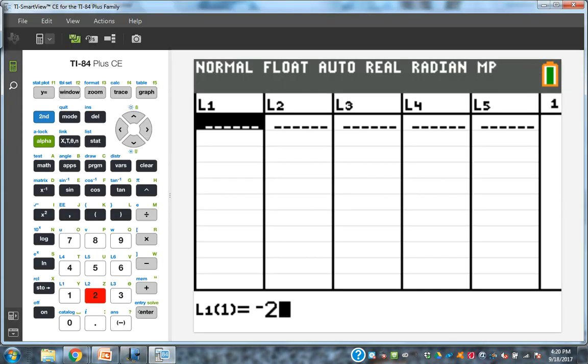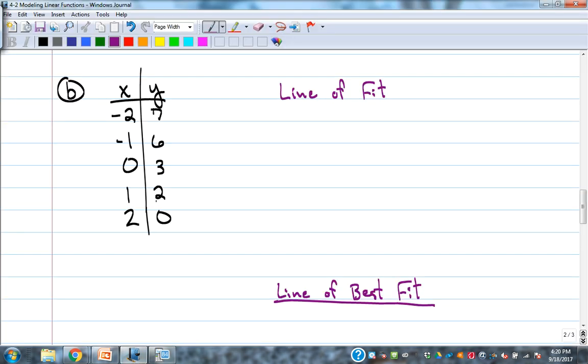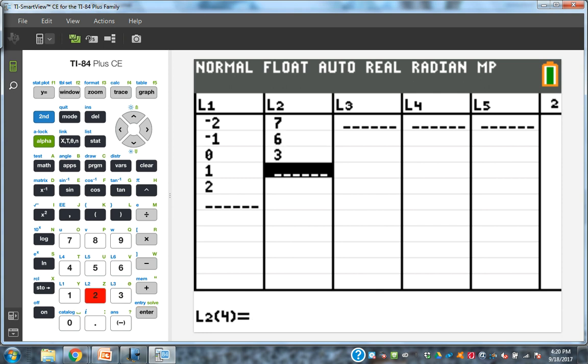So -2, enter, -1, enter, 0, 1, 2. The X's are pretty regular. There. The Y's are 7, 6, 3, 2, 0.